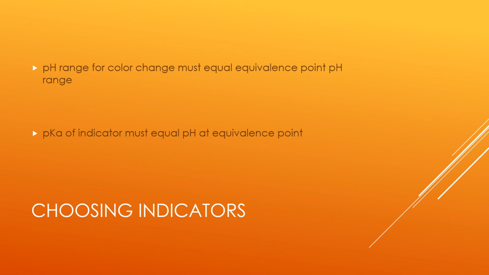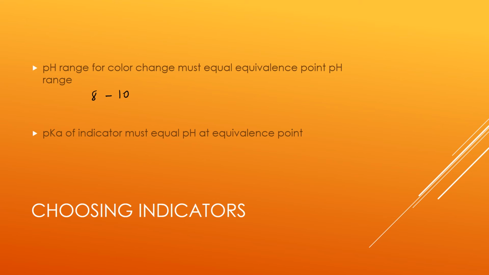The next thing we need to know is choosing the correct indicator. There's two ways you can do that. Either the pH range for the color change of the indicator must equal the equivalence point pH range. So if I have an equivalence point pH range that's going to be between 8 and 10, so that's when my equivalence point has been met, then I want to choose an indicator that has that color change range between them.